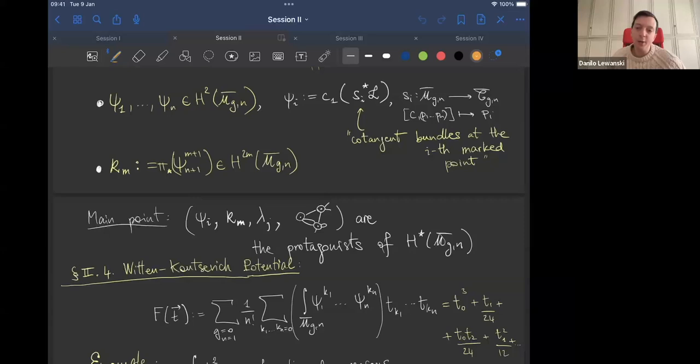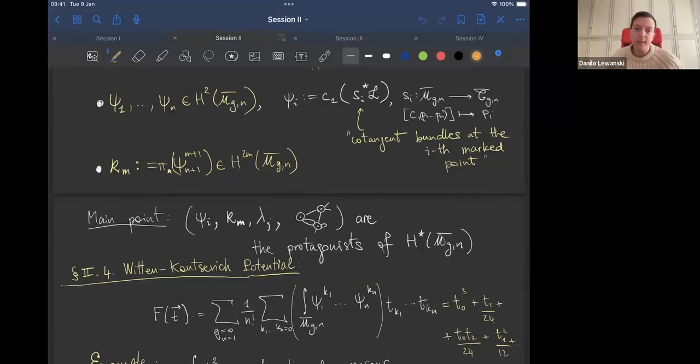And now you allow p_i to move around in the moduli space, but you always care about the cotangent space of the curve at the point p_i. And now you're taking the first Chern class of this bundle. And this is what you want to define as psi_i. So psi_i will live in the second cohomology group of M_{g,n} bar.